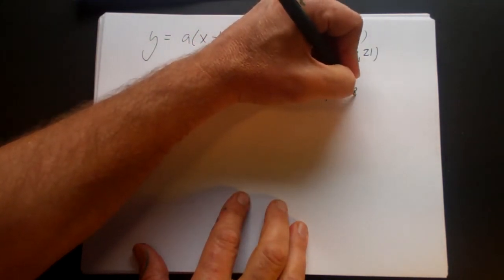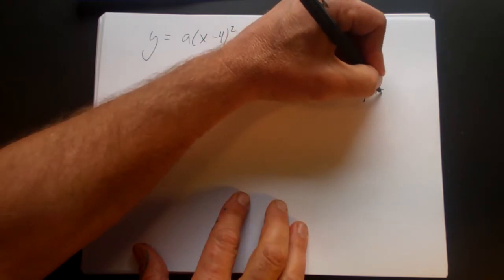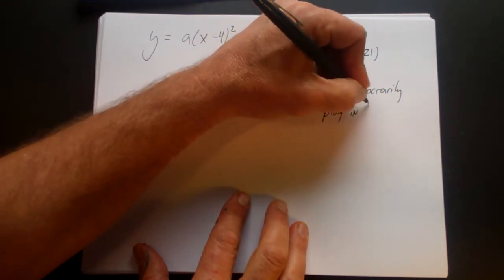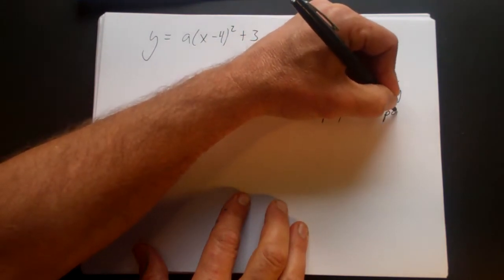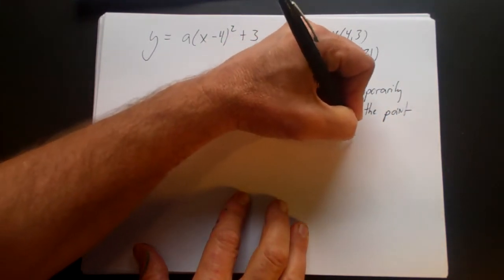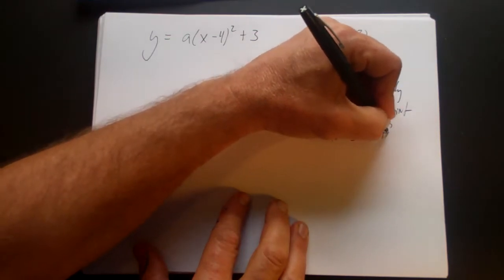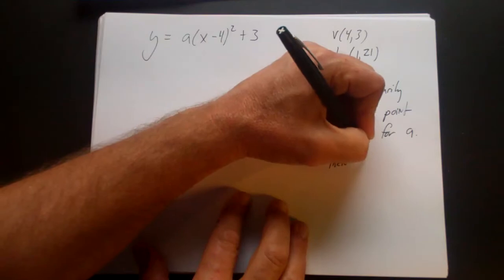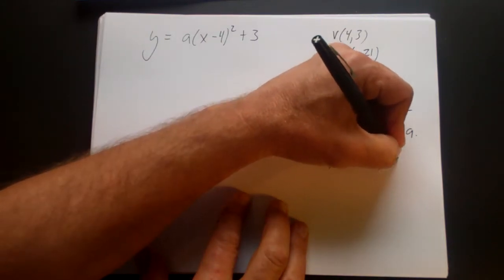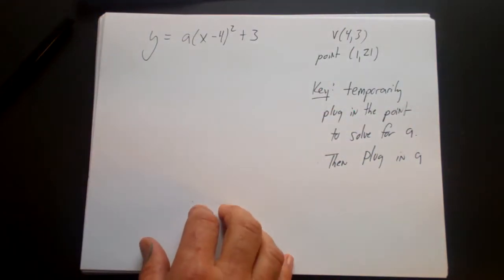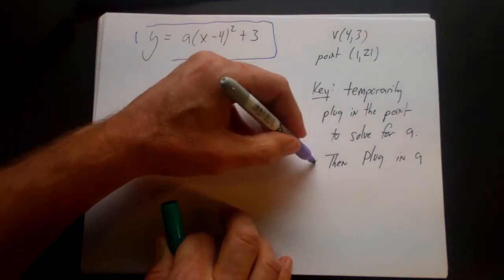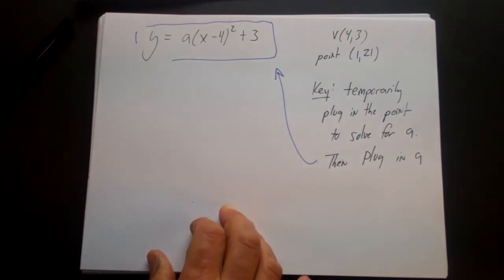We're going to temporarily plug in the point to solve for a. And then we're going to plug in a. And where are we going to plug in a? Into this equation right here. And so I know that you're used to boxing your answers for the final answer, but I box it here to remind myself what I'm going to plug it into.